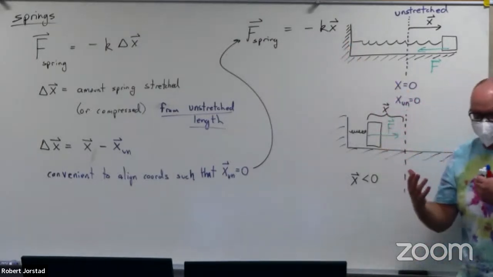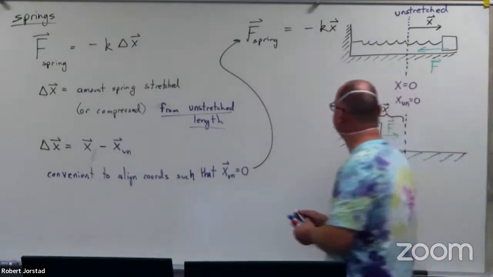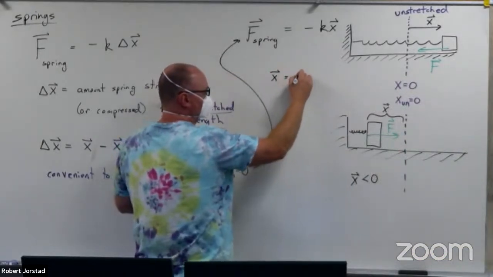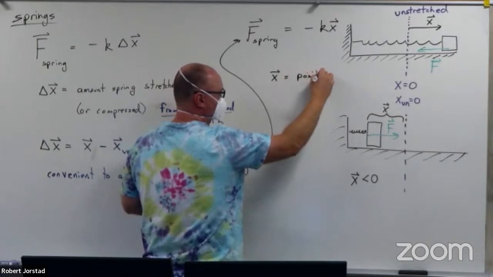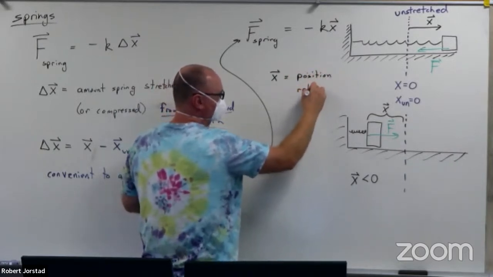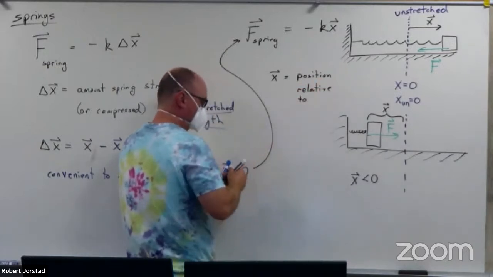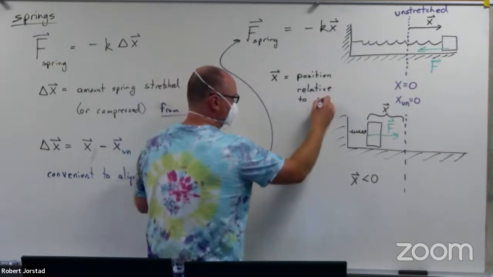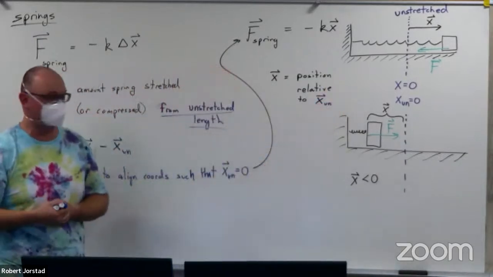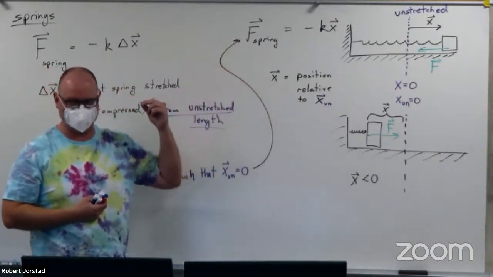We kind of get a feeling that the signs are going to work out, but what do these symbols mean? x equals position relative to x unstretched. It's the position. It's not the distance, right?